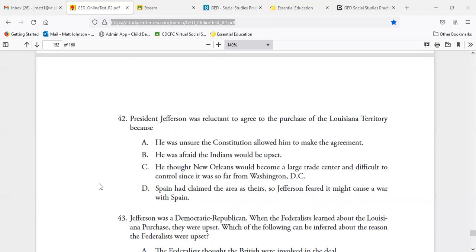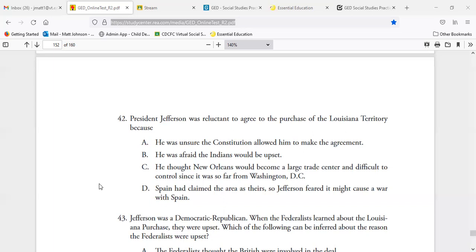And we talked about Jefferson and his presidency and his sort of political views. He was a sort of strict constitutionalist. And he also didn't want to see a big expansion of federal powers.